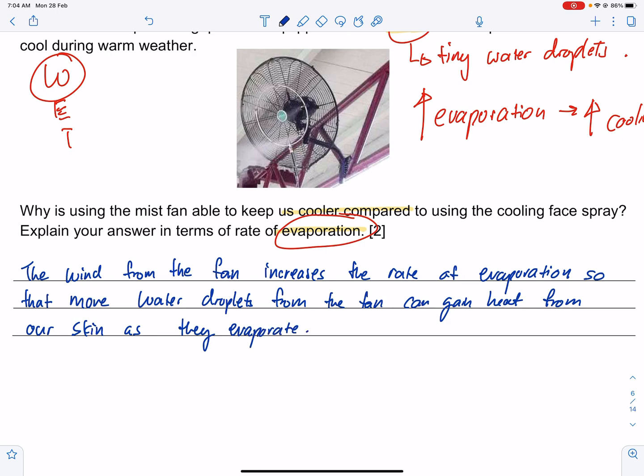Alright, so this question is really another question to talk about factors affecting rate of evaporation, focusing on wind.